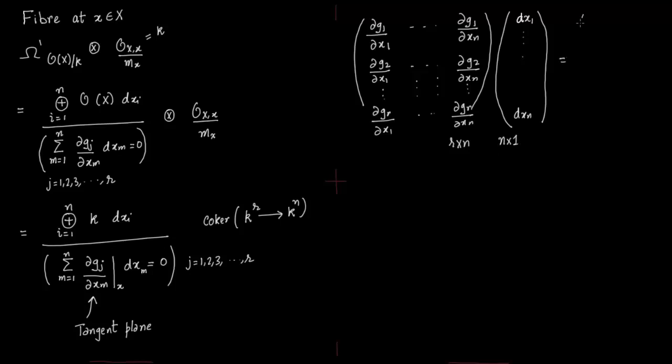You have an r by n matrix times an n by 1 matrix, and what you get is an r by 1 set of linear equations. So these are all the equations we get.